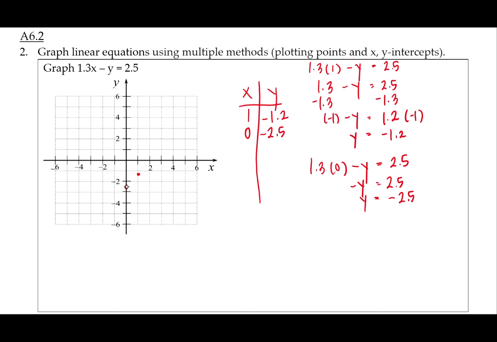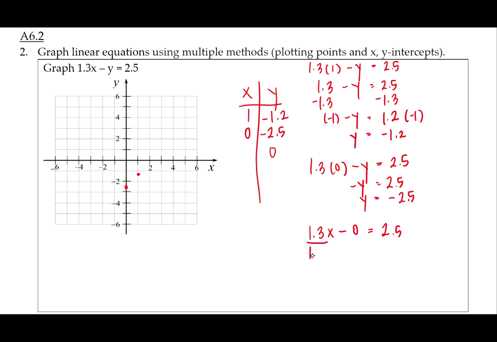Okay, so let's use y equals 0 now. This is going to find the x-intercept. The x-intercept is where the line crosses the x-axis, and that happens when y equals 0. So now I'm going to plug 0 in for y into my equation. So 1.3x minus 0 equals 2.5.